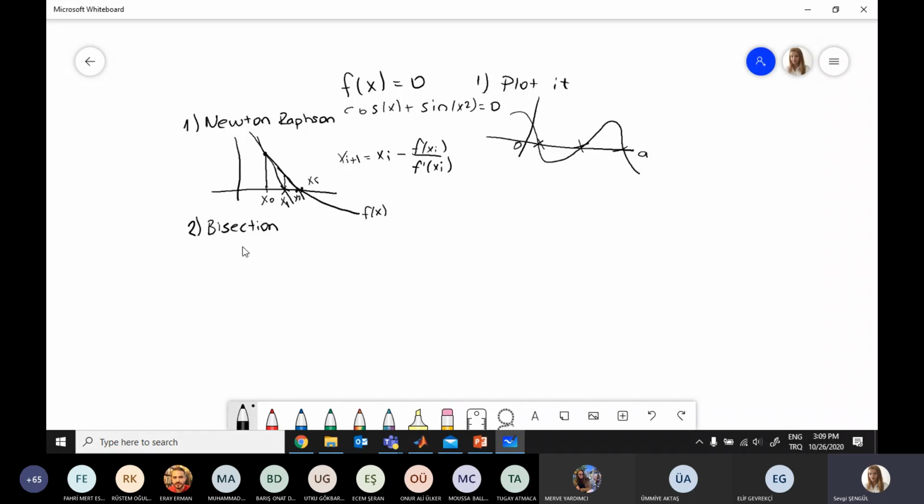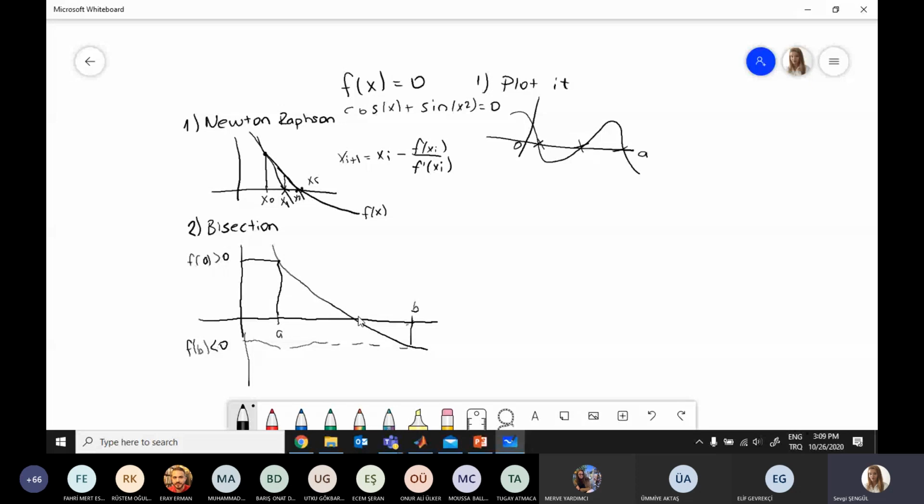If you remember, for finding the roots, we needed 2 values, and we needed to make sure that our function has different signs between this a and b. So f of a is positive, and f of b is negative. And the intermediate value theorem tells us that there is a root between a and b. This is our real root.